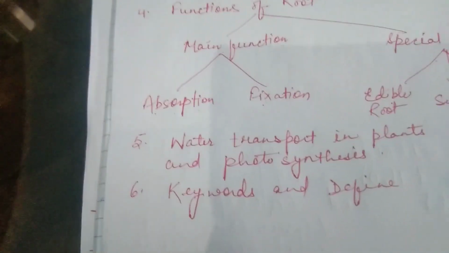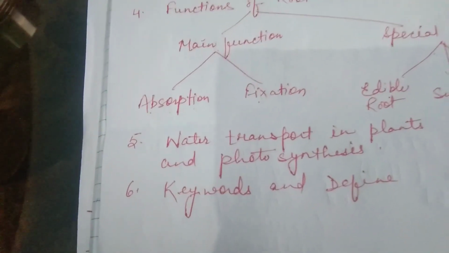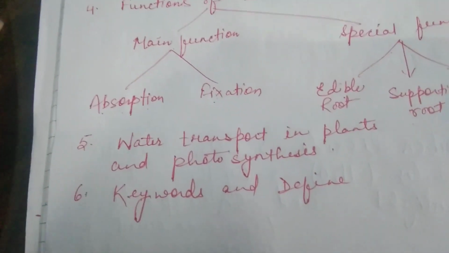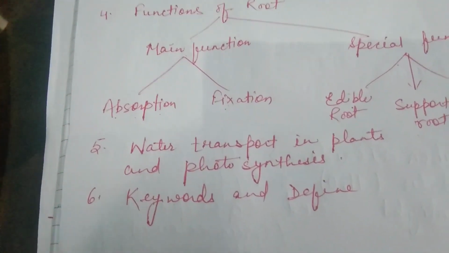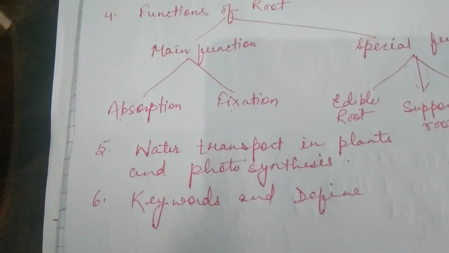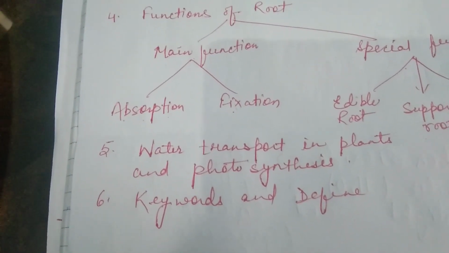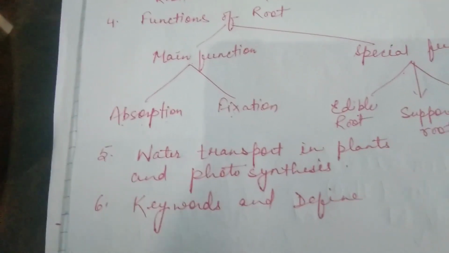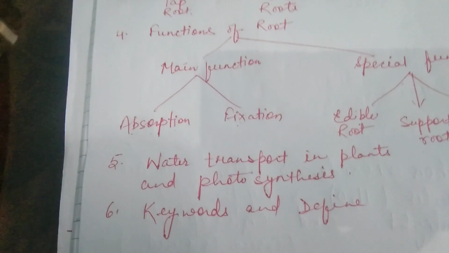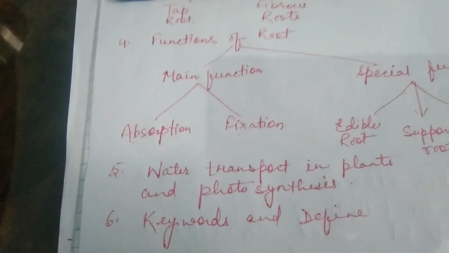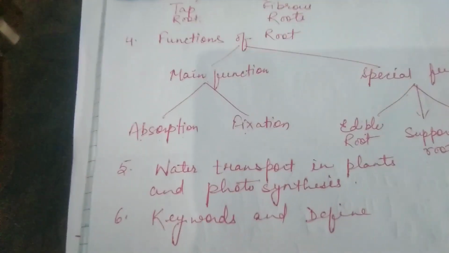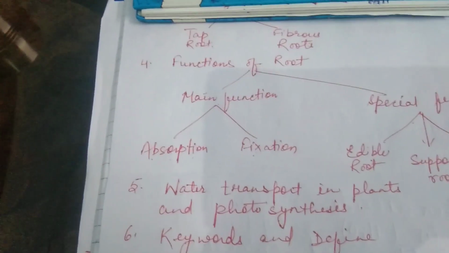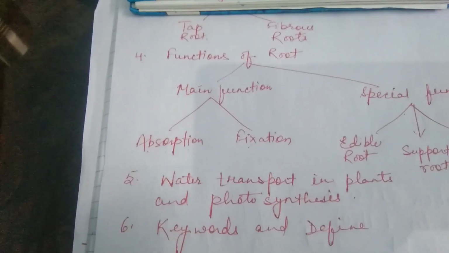Then our previous video was on keywords and definitions. The various main words, or you can say new words, that arise in this chapter, we have discussed, and various terms that can be defined, we have discussed that also.